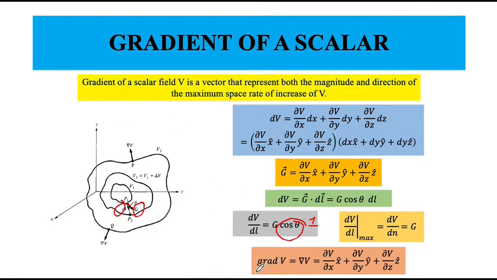Thus G has the magnitude and direction of the maximum rate of change of V. So by definition, G is the gradient of V, given by the partial differentiation of V with respect to x in the x direction, and so on. This is the formula in the Cartesian coordinate system for the gradient of a scalar.